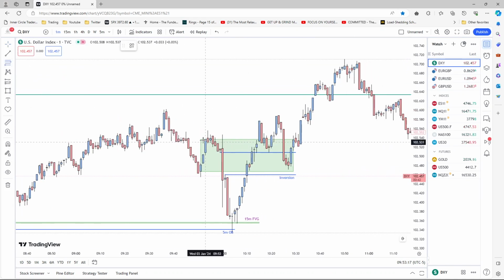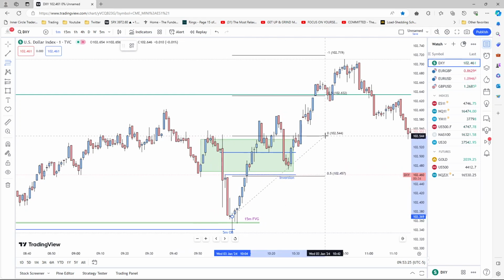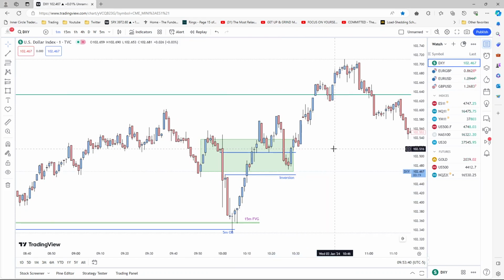Now again, we can take the fib and we can measure and we get the 0.5 level, which I think we did this, and we get our confluences over there, just for a bit of a confluence on where we would take profit. But you would ideally look to take something off above these highs and look to take something off at this low level over here because price could reverse.